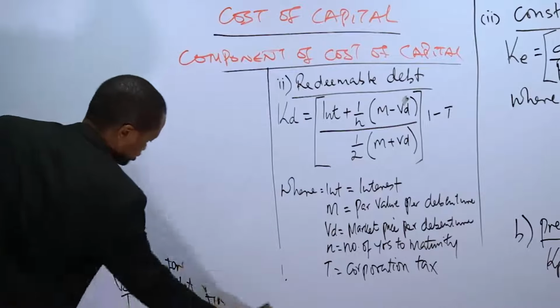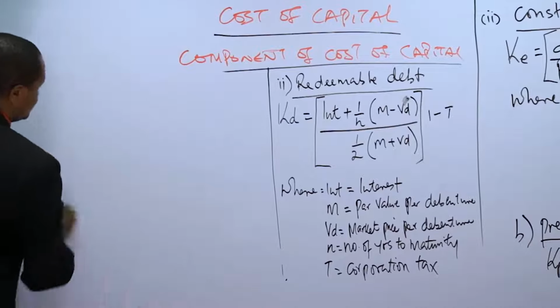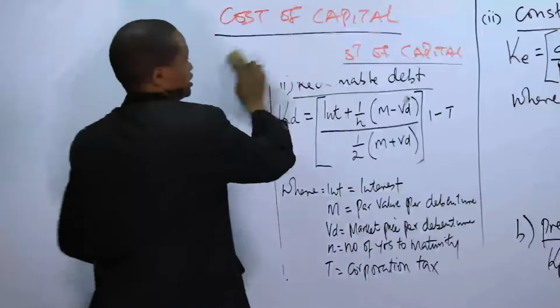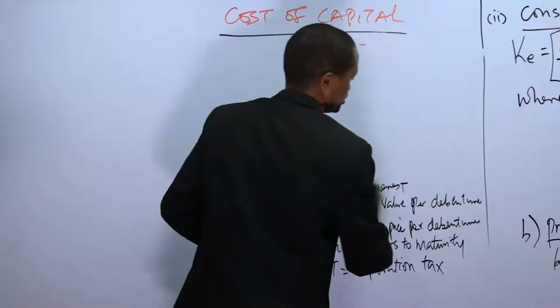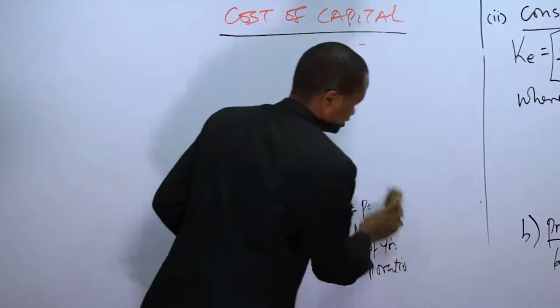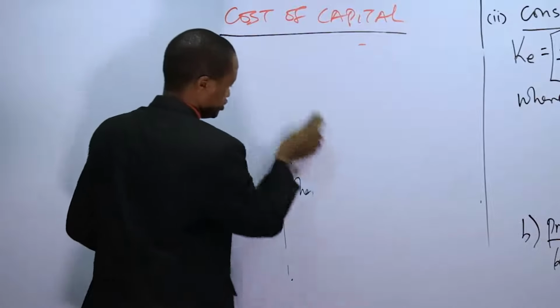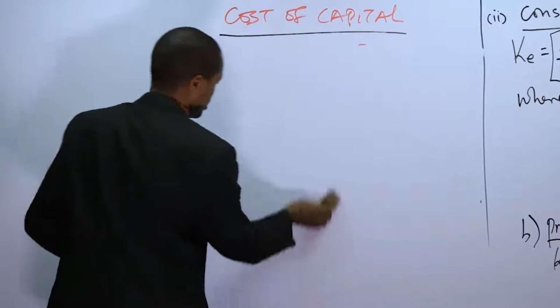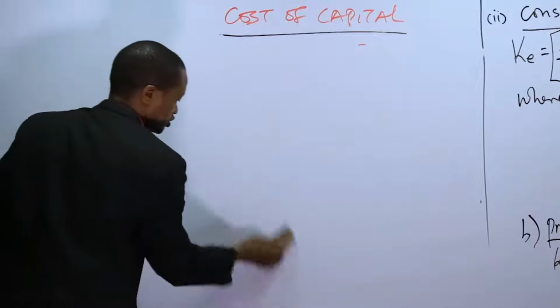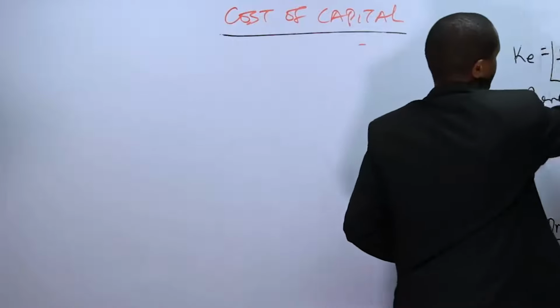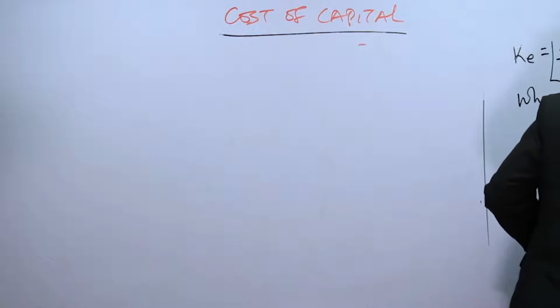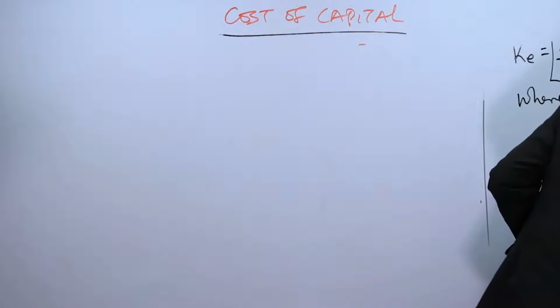That is the question, and that can be done because all the information in the question has been provided. So first of all, we need to know the formula for each component, and the formulas we have given.